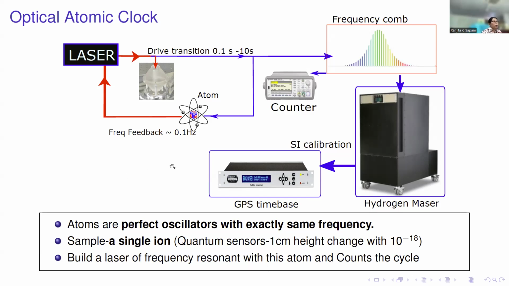So when we say atomic clock, there are many things. The laser which we use to interrogate the atom is very, very important. The energy transition we choose for a particular atom is also very important. For example, the atom I work with is lutetium, and the excited state lifetime of that clock transition is thousands of years.